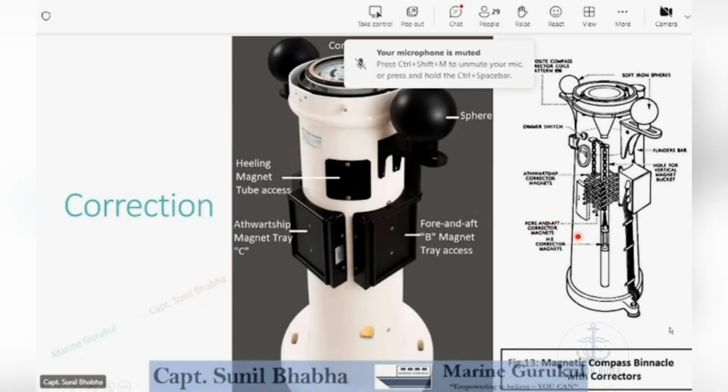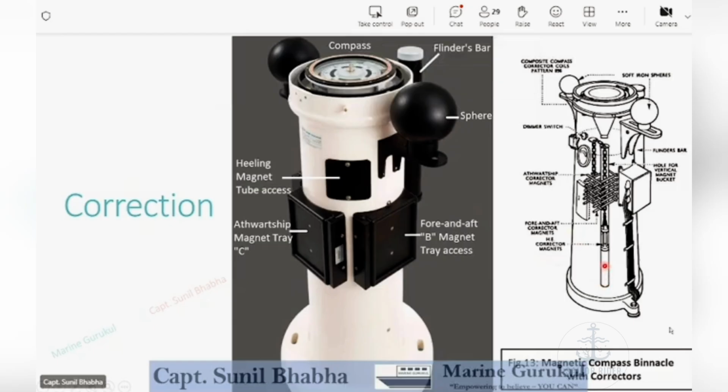You can now see the heeling error corrector magnet in this diagram also. This is the heeling error bucket. And this is basically placed in a tube. We have a tube here. The tube ensures that this heeling error bucket stays vertically in line below the compass card.